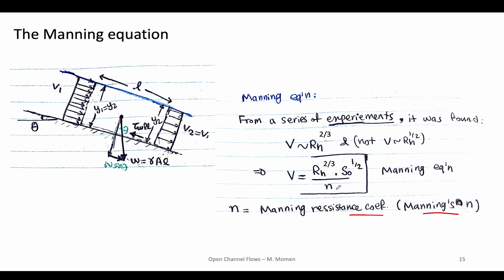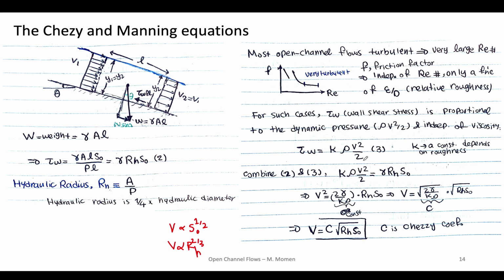This Manning's n depends on the roughness of the channel, and we will talk about it in the next slide. But I just wanted to say that this is the Manning equation, which is a modification of the Chezy equation based on some experiments.